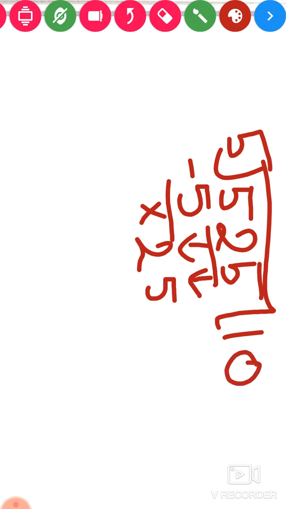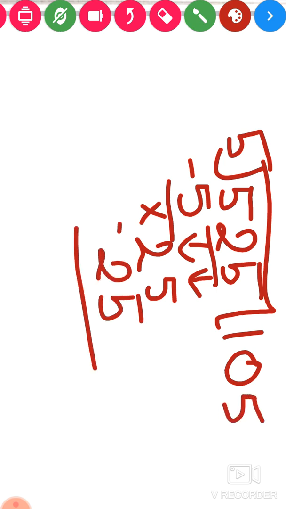Now do we get 25 in 5's table? Count the table. Yes, 5 fives are 25. Now we will put a cross here. Okay. Great.